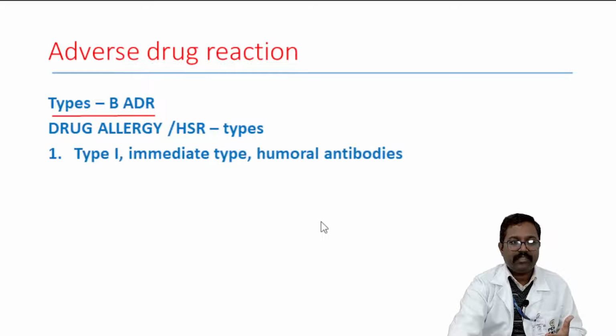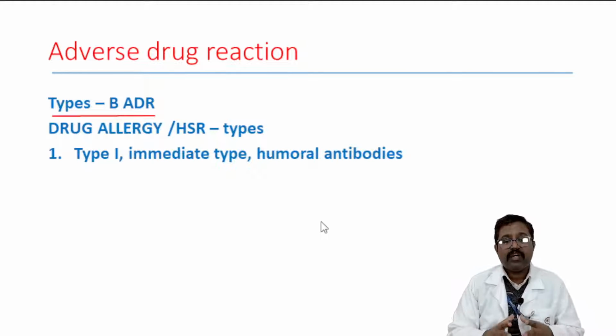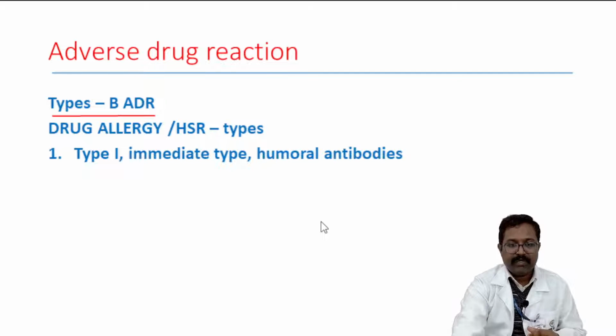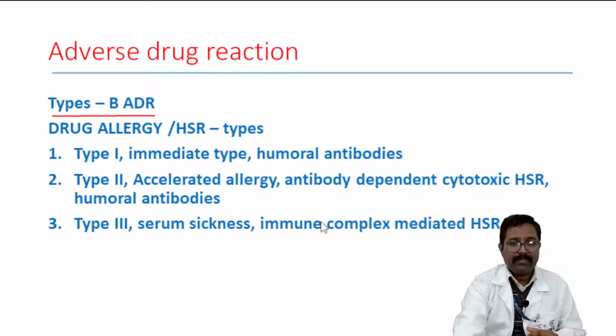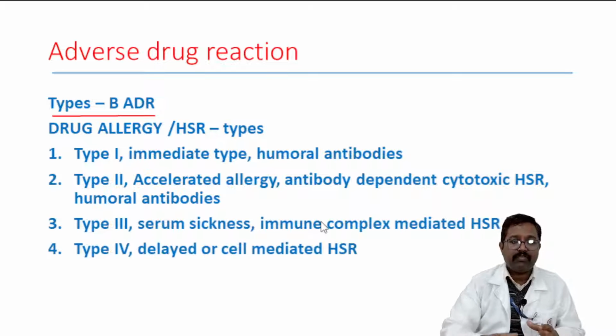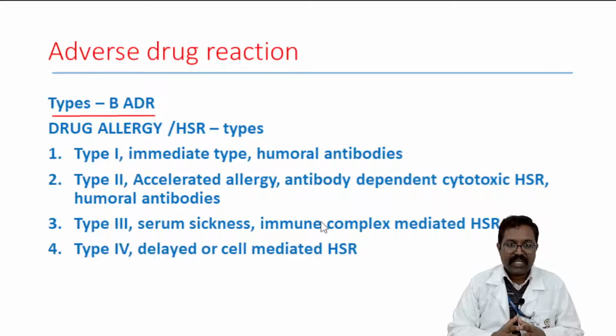So next, coming to the types of hypersensitivity reactions or types of drug allergy. Here you have type 1, type 2, type 3, as well as type 4 hypersensitivity reactions. Type 1 is also called the immediate type, which is a humoral antibody mediated reaction.